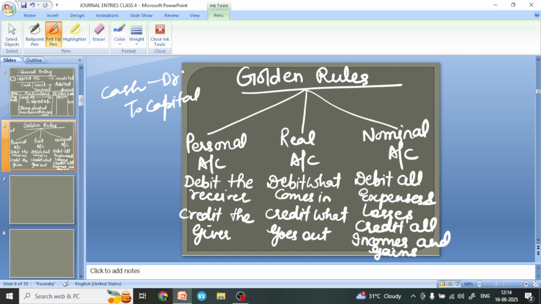Then think what comes in business and what goes from business, who gives and who receives. Now here you can see cash account debit. Why do we debit cash account?